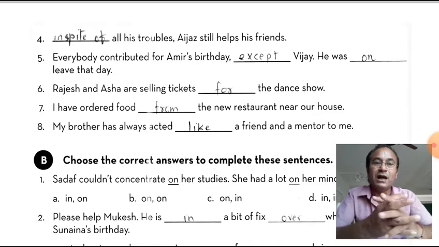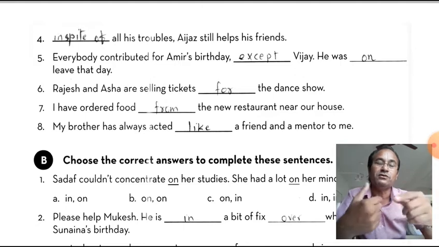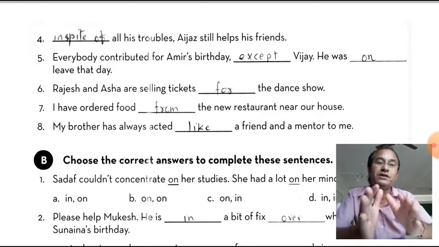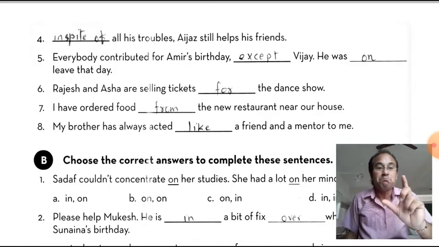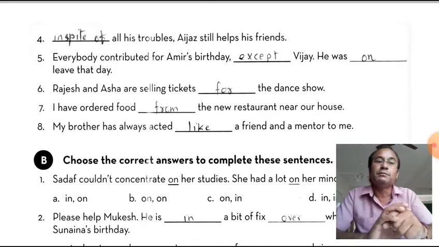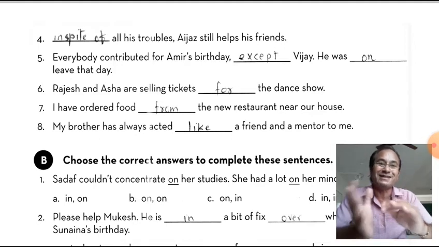Next, everybody contributed for Ami's birthday except Vijay. Vijay is a noun, except means other than. Or we can use but with Vijay. But can also be used before the noun. But, except.